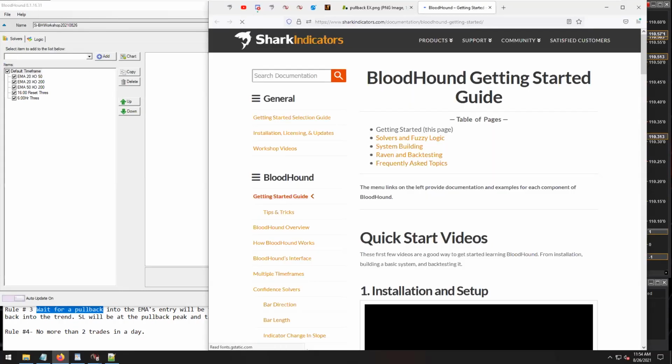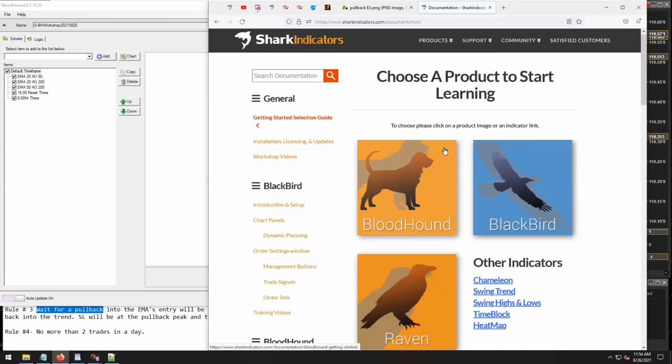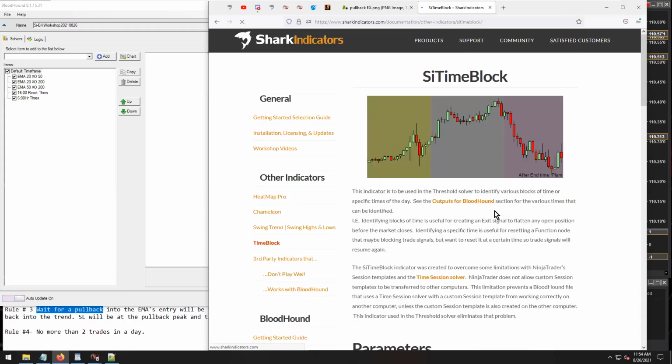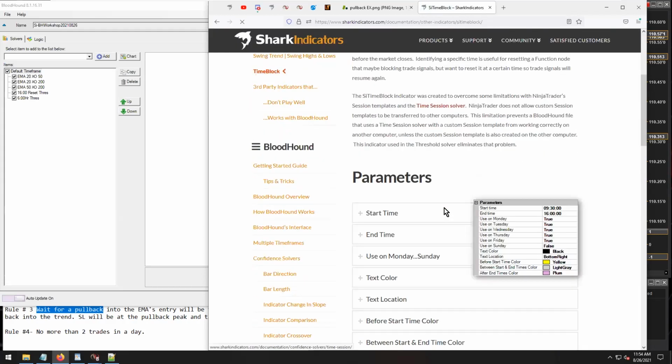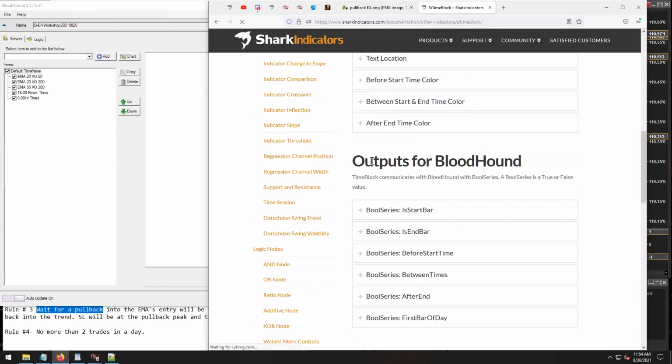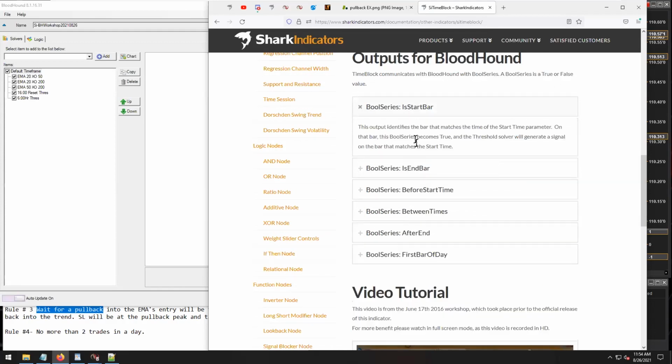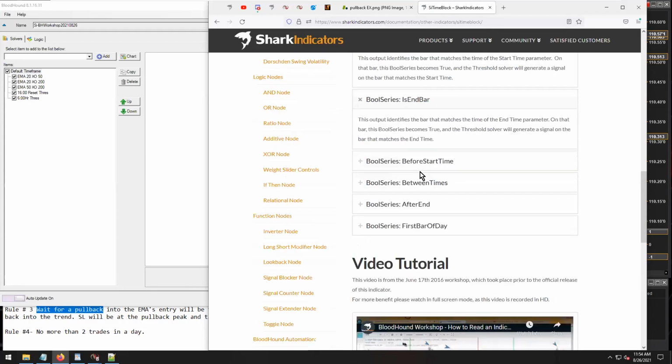And then if I just go to the support menu, documentation, and then here, other indicators, I can click on the time block indicator. And if you go to the outputs for BloodHound here, here's an explanation of what all of these outputs are doing.